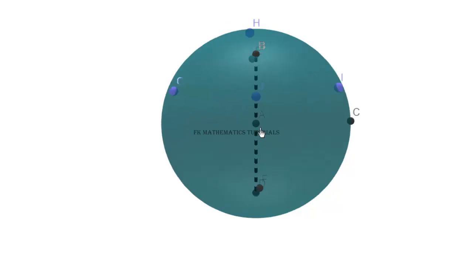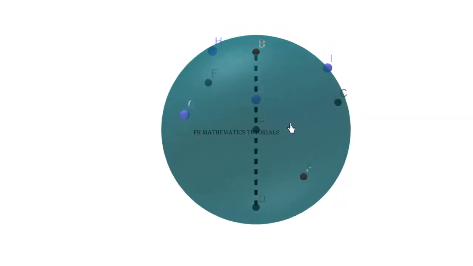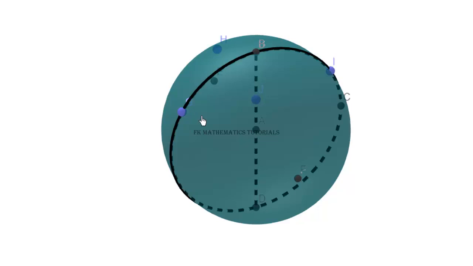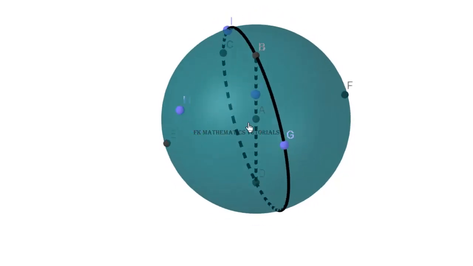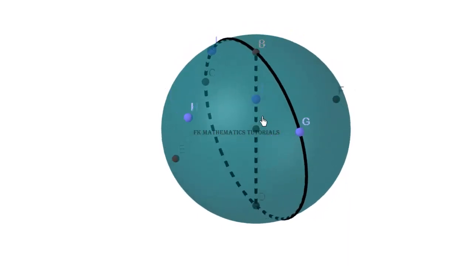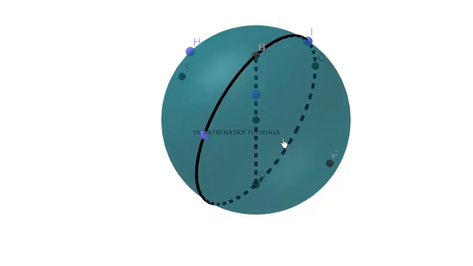Now we can draw a circle that goes through the poles. This circle that we drew here is called a great circle. Any circle that we draw through the poles forms a great circle.